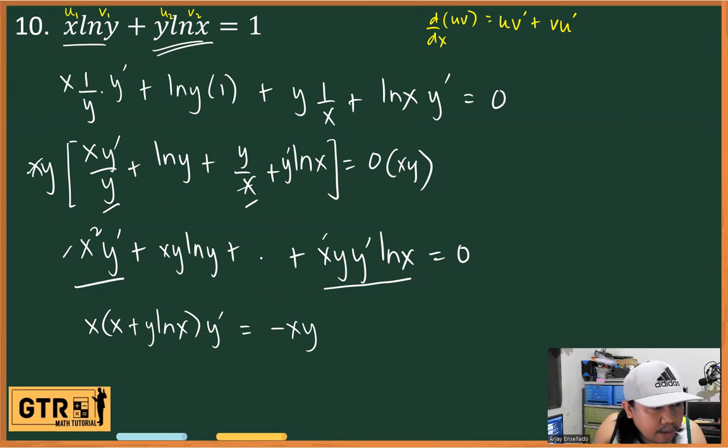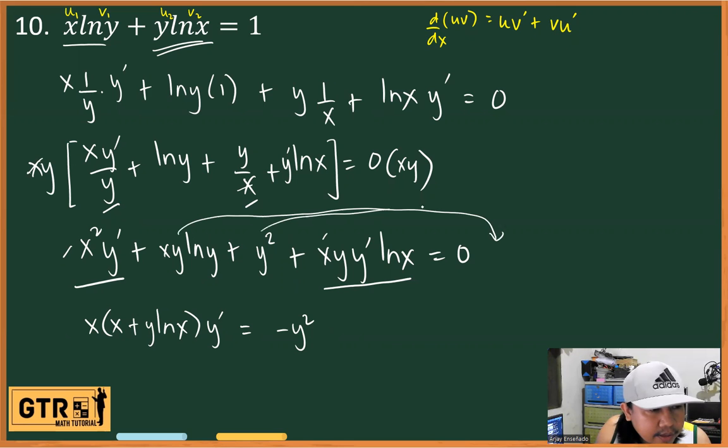So therefore, this should be y squared. Okay? So that is y squared. So therefore, we transpose to the other side, we have negative y squared. And then we transpose this to the other side. Ayan, lipat sa kabila para we can isolate the y prime. So negative xy ln y.